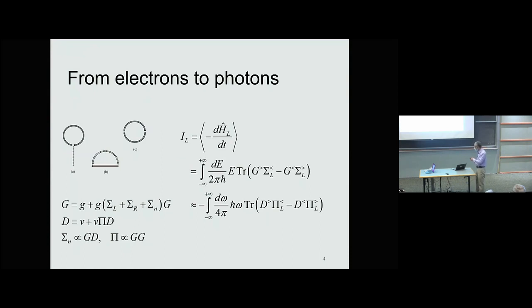As far as the electron is concerned, there is the Hartree term that gives you this lollipop diagram, and then the electron-photon interaction, which is the Fock diagram. This part is the self-energy for the electron. This sigma_n is for these two diagrams, and sigma_L and sigma_R are for the connection of the center with the leads.